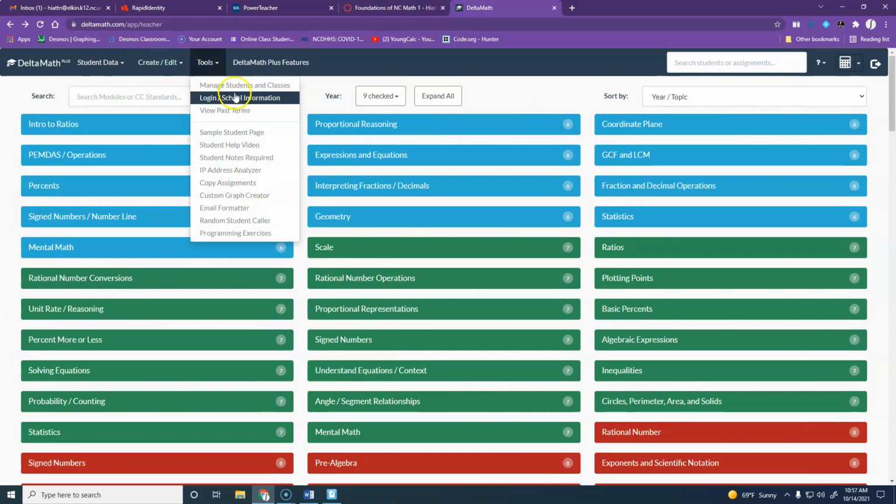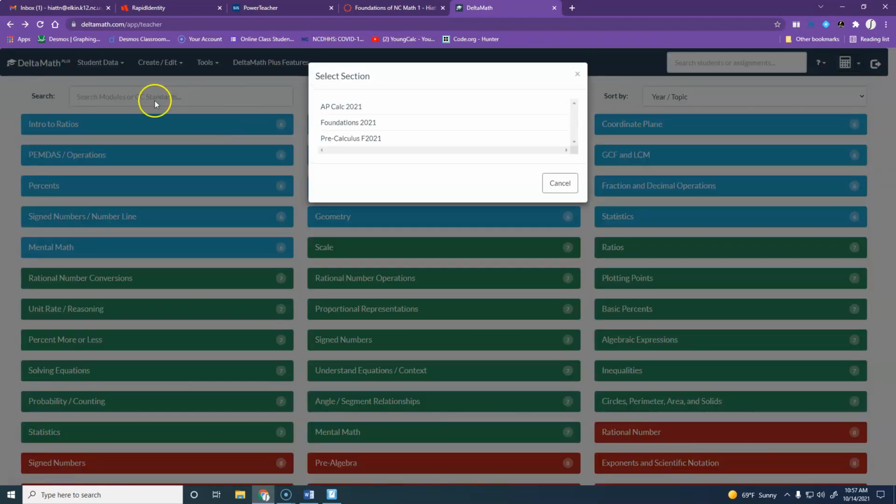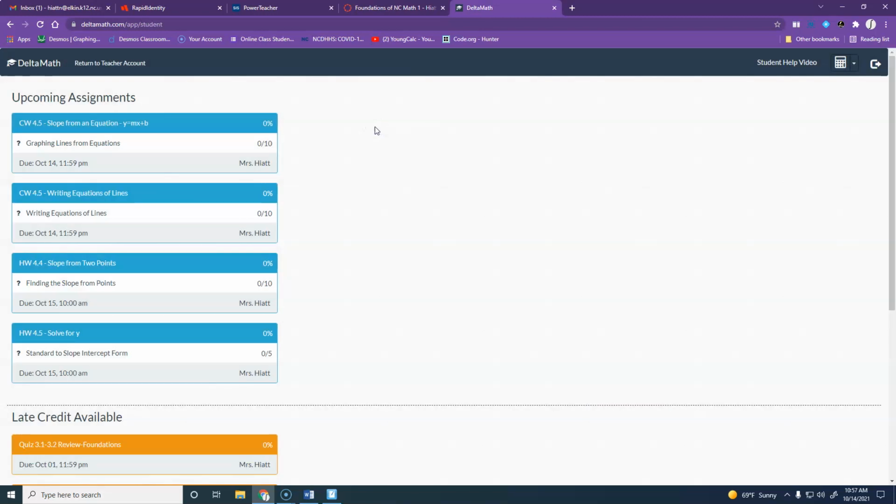So you need to make sure you have finished slope from 2 points. That's what we were starting with. There were about 5 or 6 of you that had finished, but a lot of you had not finished. So you need to do slope from 2 points first.